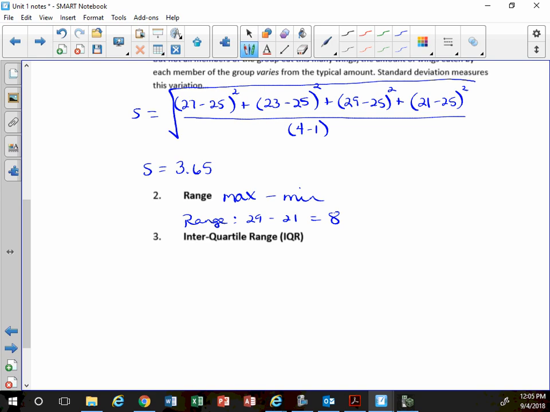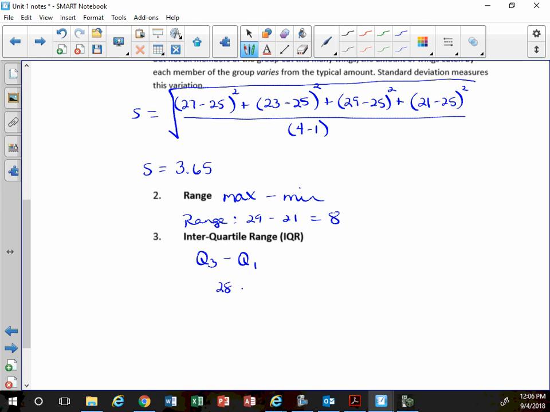Anybody know what IQR, interquartile range, is? Go ahead, Sam. Yes, Q3 minus Q1. So if you look back at your one-var stat, what is our Q3? 28.